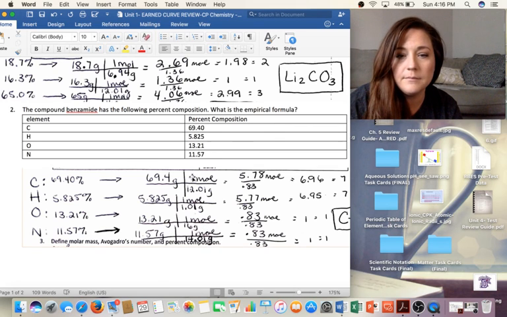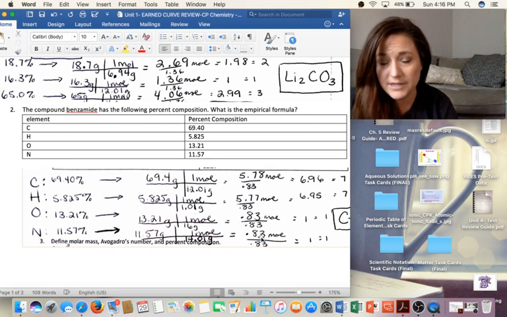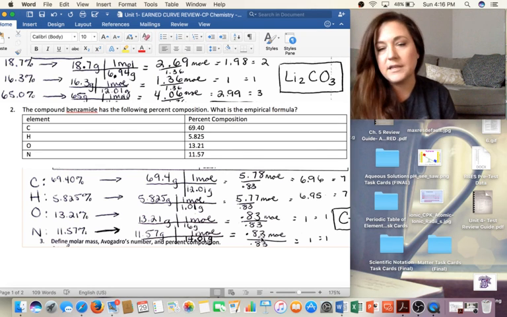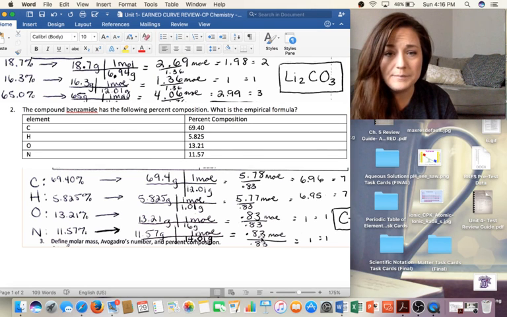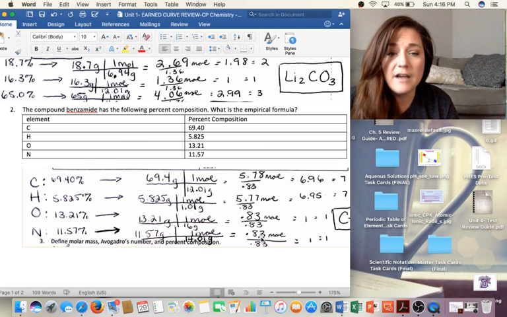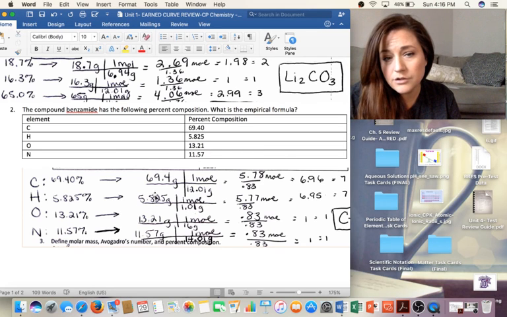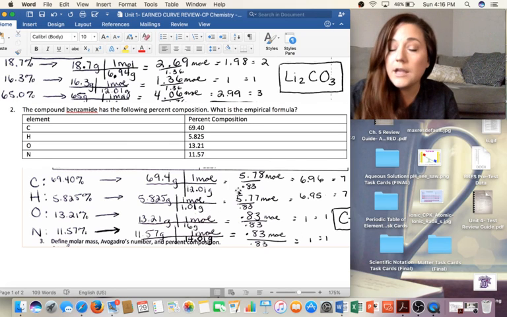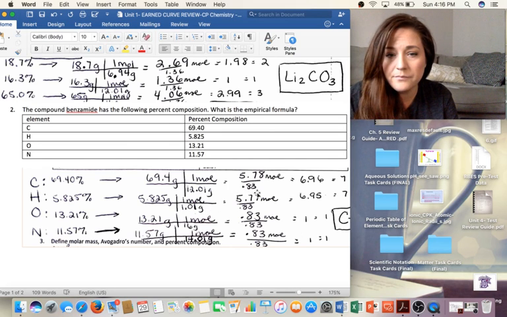Set those up. These top numbers right here in our fractions for step 3 are the numbers that you get. When you take 69.4 and divide it by 12.01, you get 5.78. And those are going to be moles. Then you take 5.825 divided by 1.01, and you get 5.77.